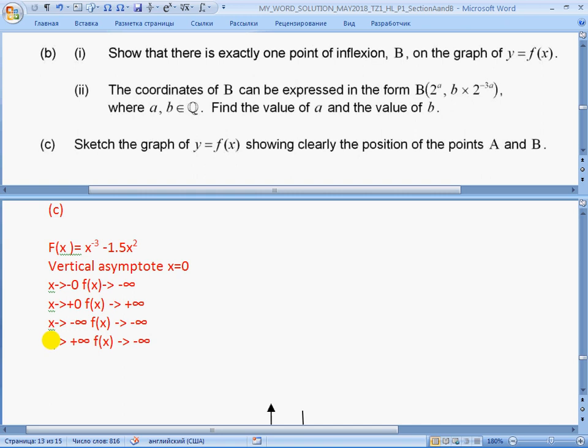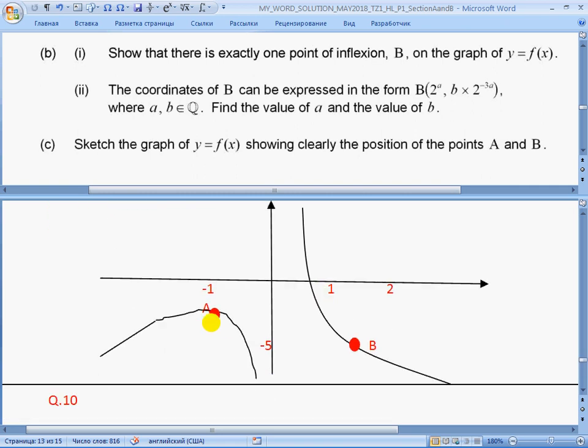If x tends to negative infinity, f also tends to negative infinity. And we also care about the maximum A and the inflection point B. Approximately I put them, which is why I put here values minus 1, minus 5, 1, 2. Right, so this question is done.